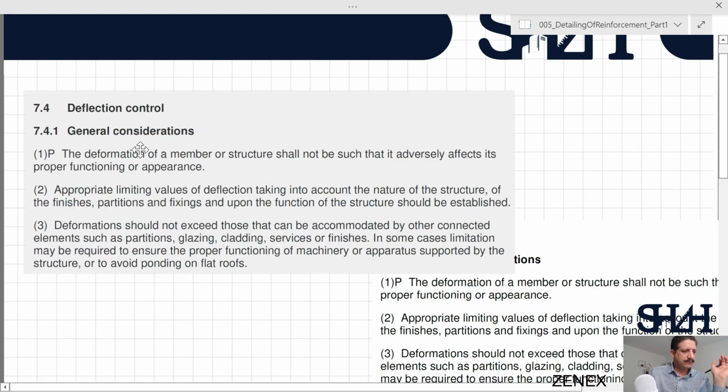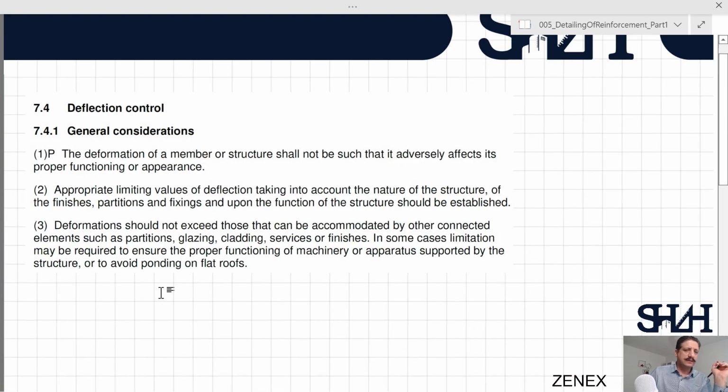In clause 7.4 of Eurocode, we can see deflection control. 7.4.1 general considerations: the deformation of a member or a structure shall not be such that it adversely affects its proper functioning or appearance. Number 2, appropriate limiting values of deflection, taking into account the nature of the structure, of the finishes, partitions and fixings, and upon the function of the structure, should be established.